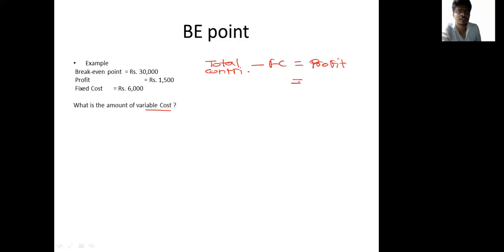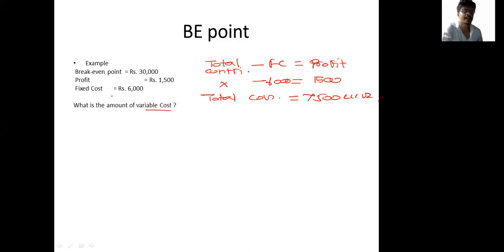Now we have the profit 1,500. Fixed cost has been given as 6,000. If so, total contribution should be 7,500 rupees.